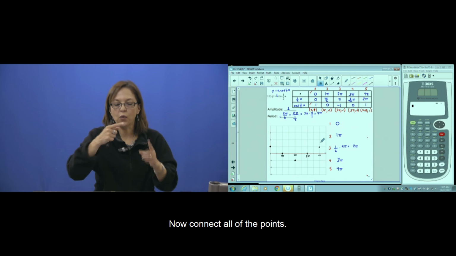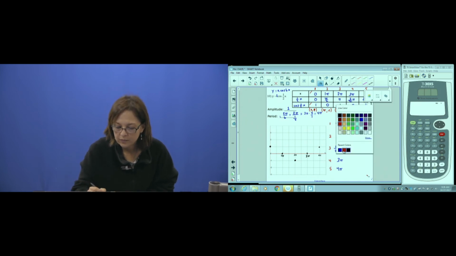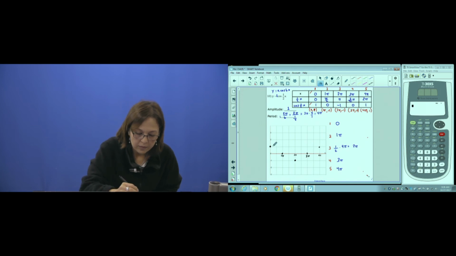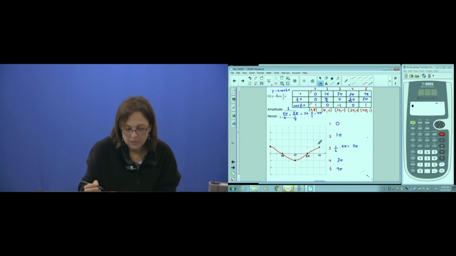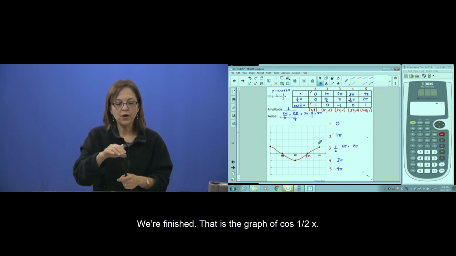Now connect all the points. And we finish. That's the graph of cosine of 1/2 of x.